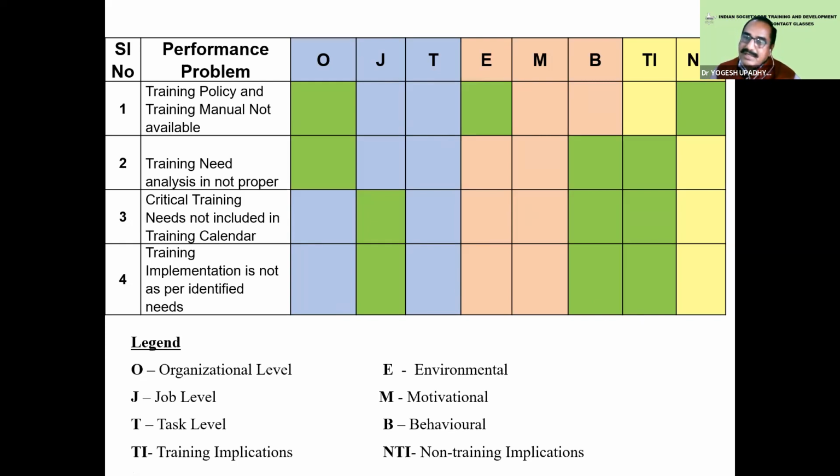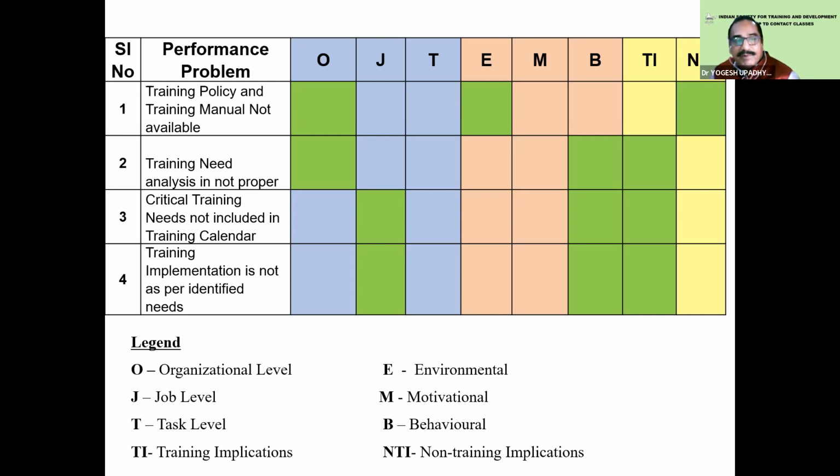If you break chapati making down into tasks, there may be kneading of flour, rolling the chapati, baking the chapati, then storing the chapati. Now, if there's a problem with the person who is baking the chapati, the one doing the kneading needs training, that is why we consider organizational, job level and task level.